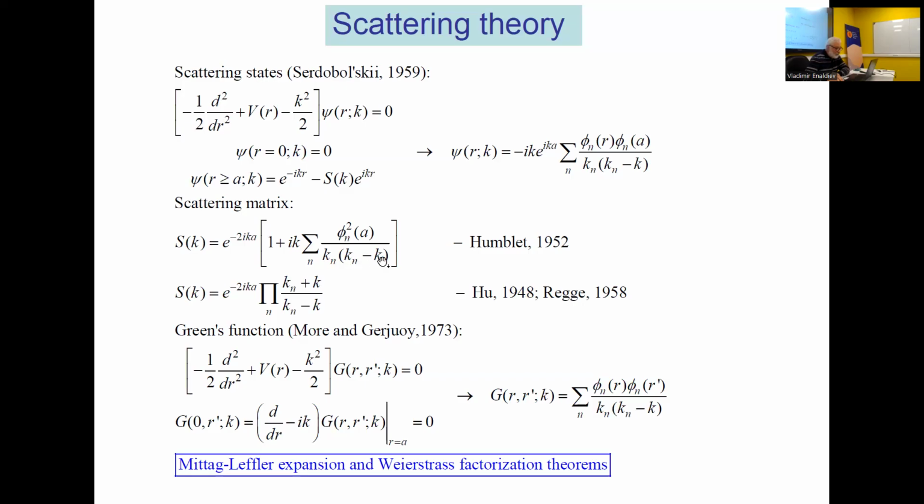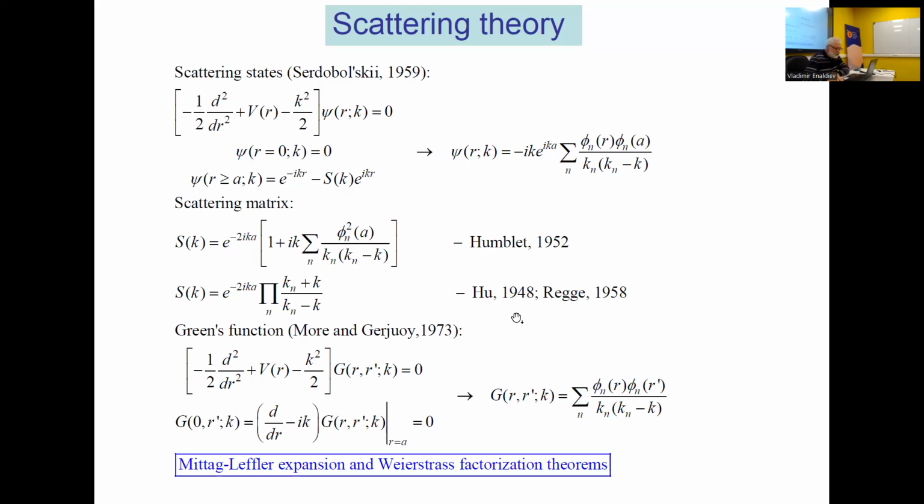Then when k, which is related to the energy, varies and passes through one of the k_n which lies sufficiently close to the real k axis, this is a resonance denominator. So the phase of this changes rapidly by pi, which is a signature of resonance.